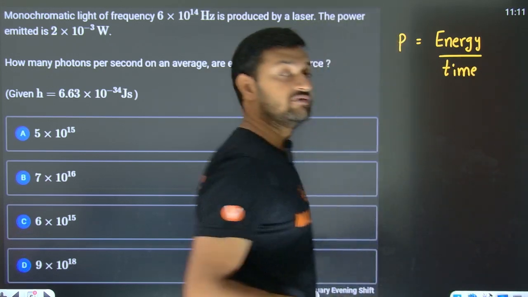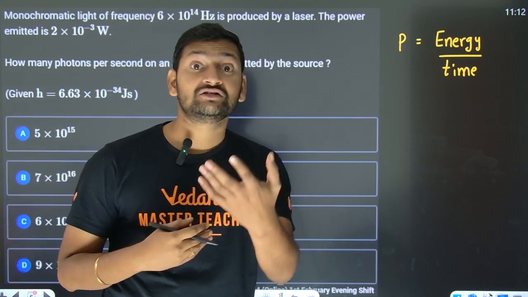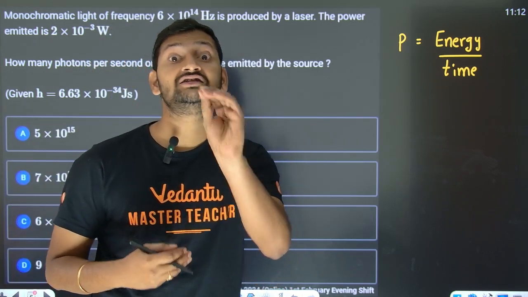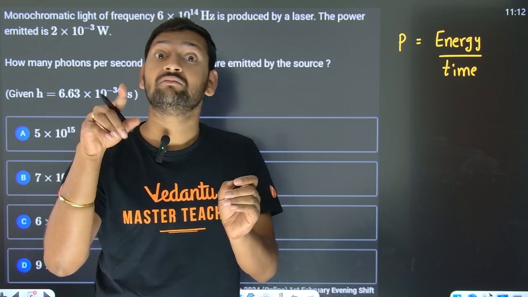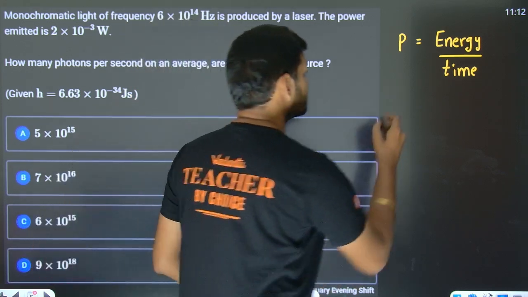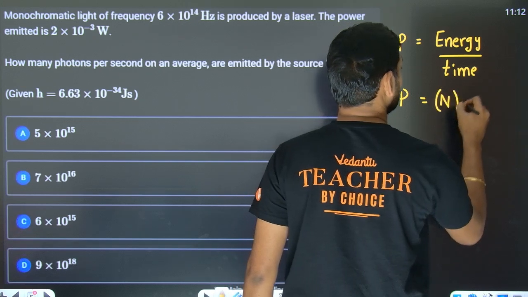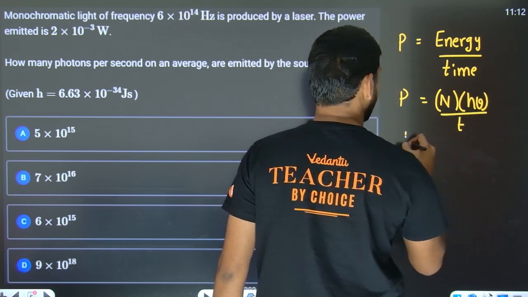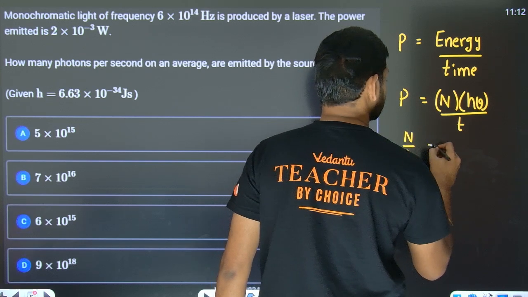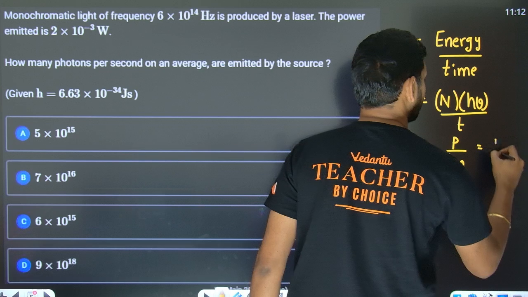Each photon's energy multiplied with the total number of photons gives you the total energy. So P is the total number of photons into energy, h mu, by T. So N by T, trust me, if you know this it is going to be helpful many times.